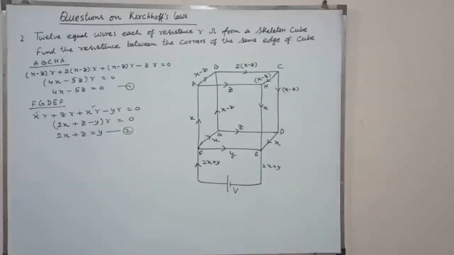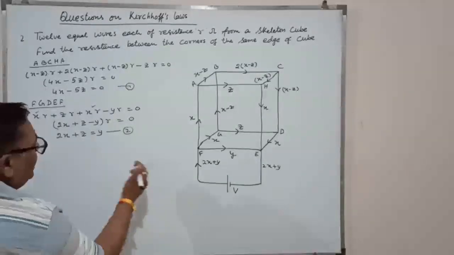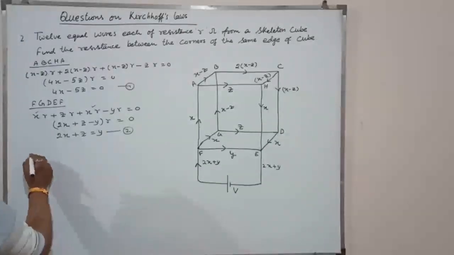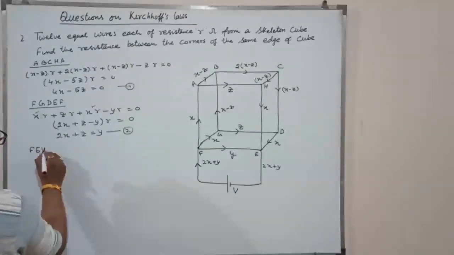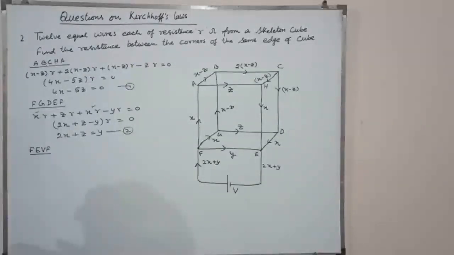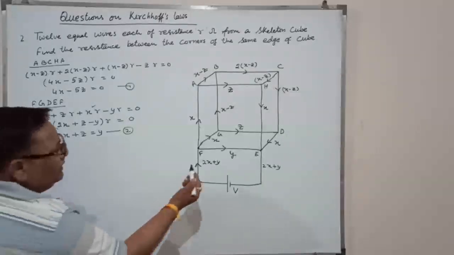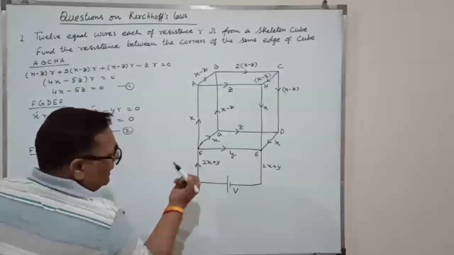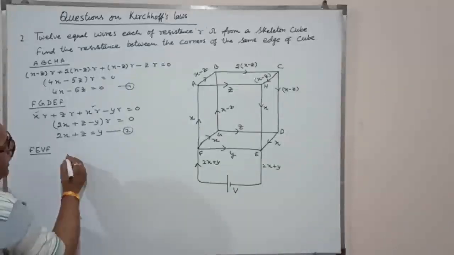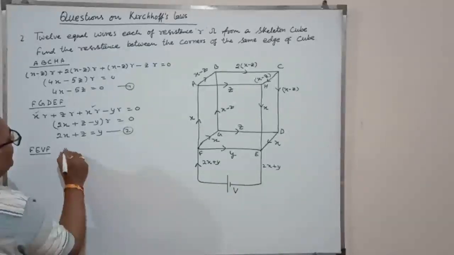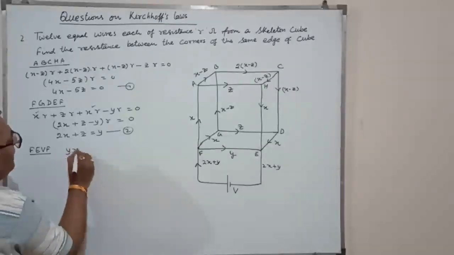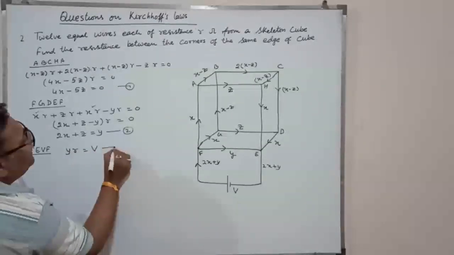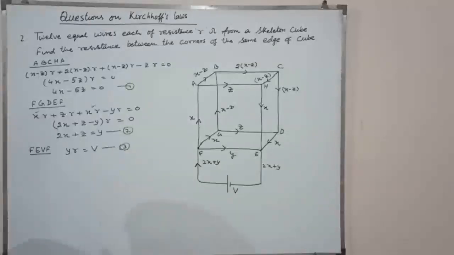Then the third equation, closed mesh F, E, V, F. Simple. y R is equal to V. This is the third equation.